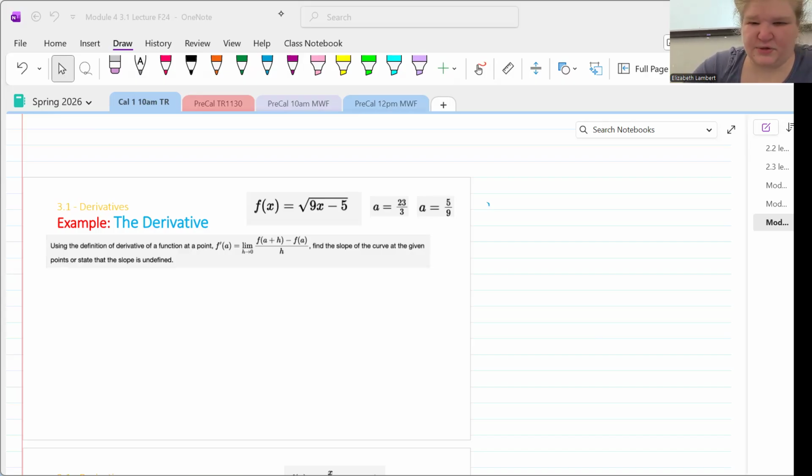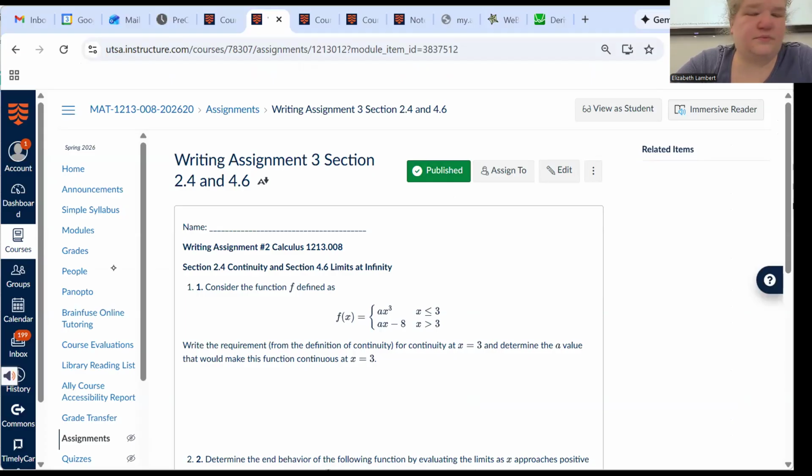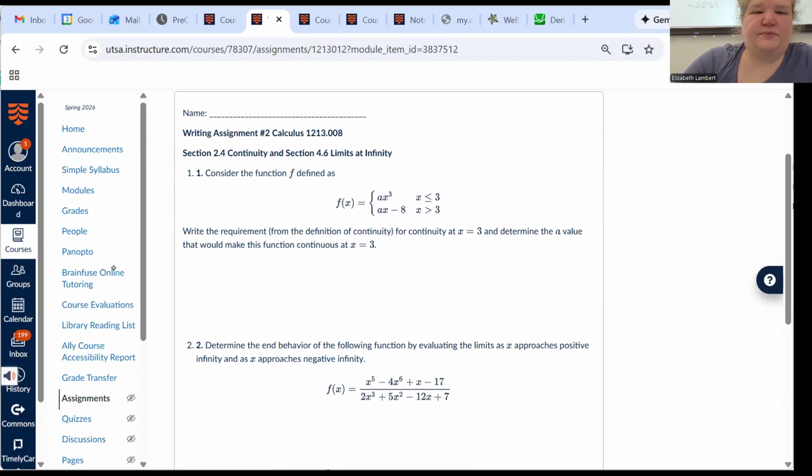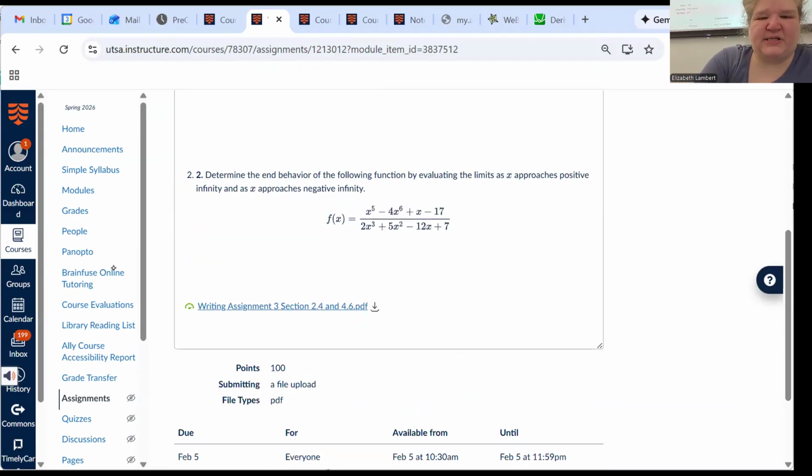So here, let me show y'all real quick. The HTML actually rendered decently here, but there is also a PDF link if you just want to print it out.